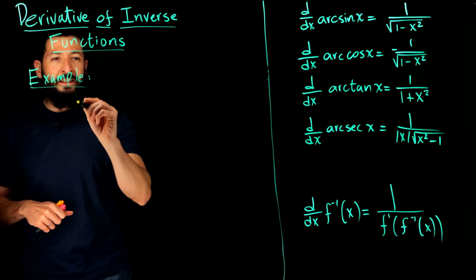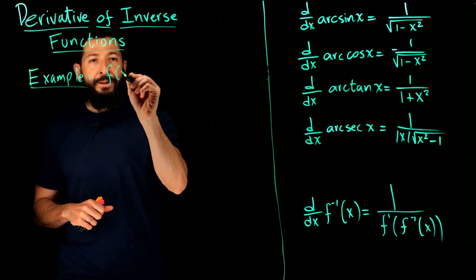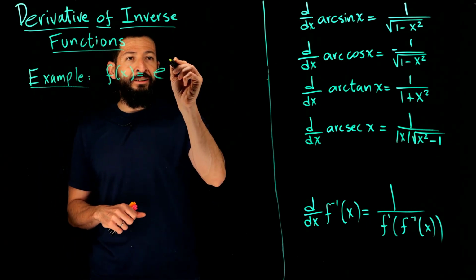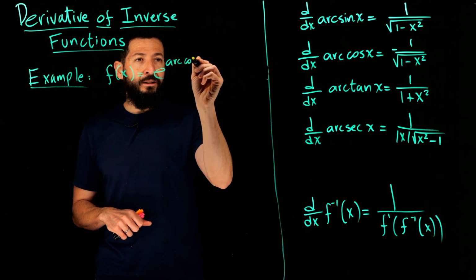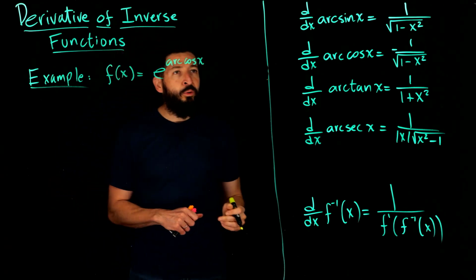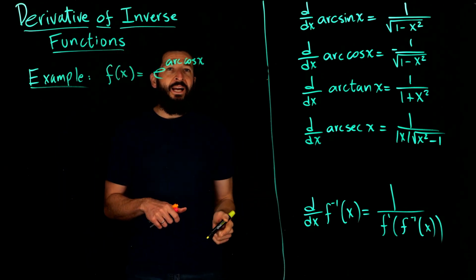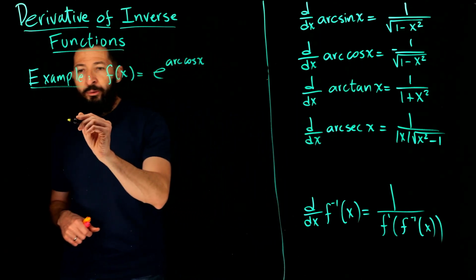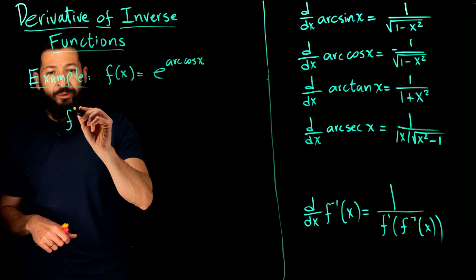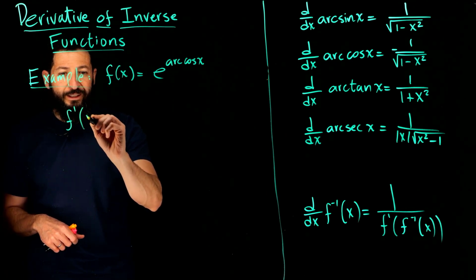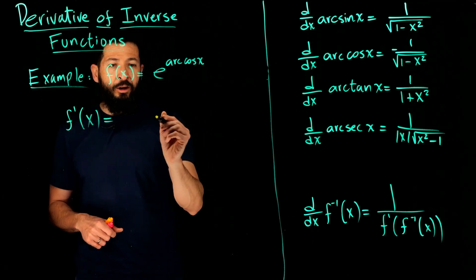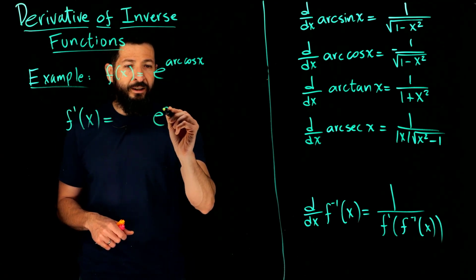Let's go ahead and look at the derivative of the function f, where f is going to be given by e to the, say, arc cosine. So we're doing a chain rule, and that chain rule will then involve this formula right here. So our derivative. What is the derivative of e to the x? It is e to the x again. So we copy e to the arc cosine.